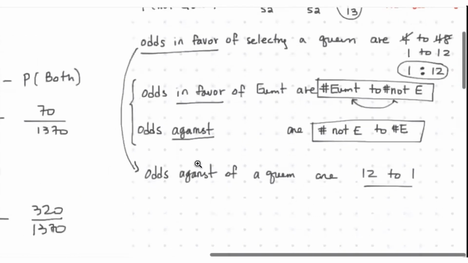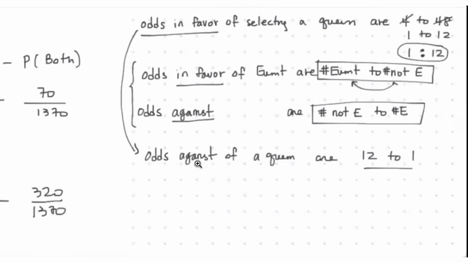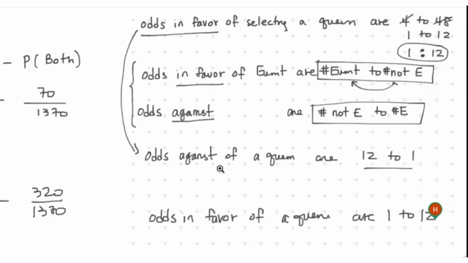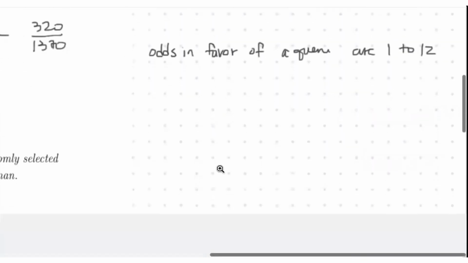What if odds in favor is given? I want to do the reverse order, okay? So suppose odds in favor of selecting a queen are 1 to 12. Can you find the probability from this?